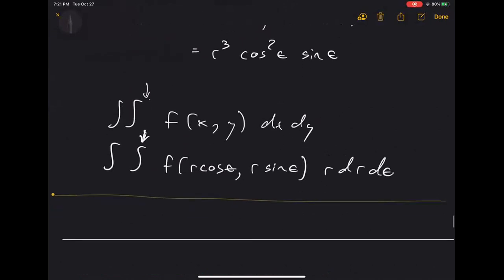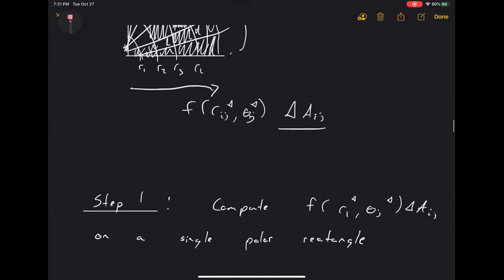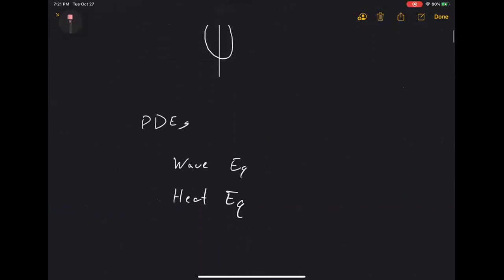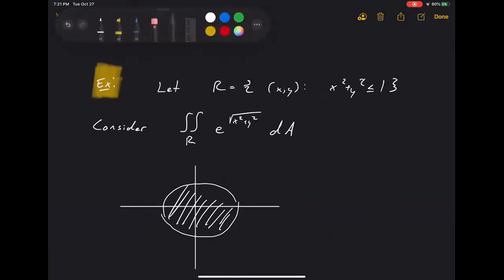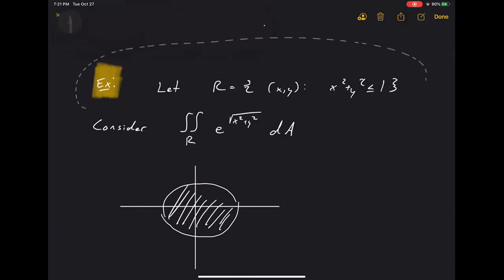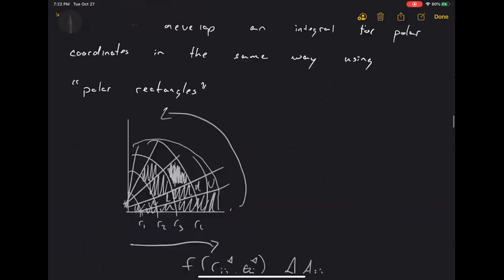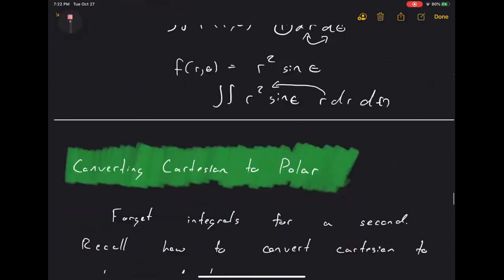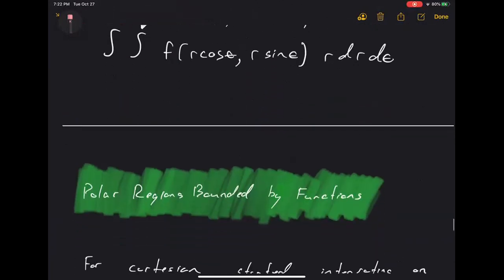Okay, so let's go back. Let's kind of reuse a previous example. Now would be a good time to talk about this function that we said was really hard in terms of Cartesian coordinates. Let's convert it to polar coordinates and try it. Let's copy this and take it back down to where we were, and let's try and solve this integral.